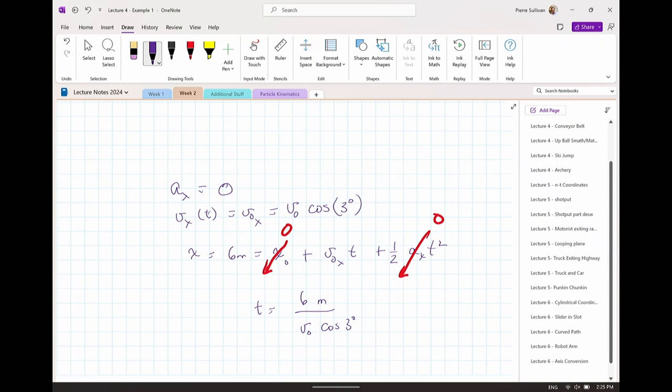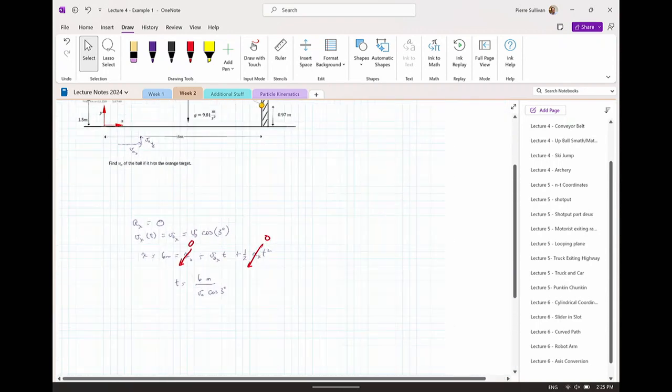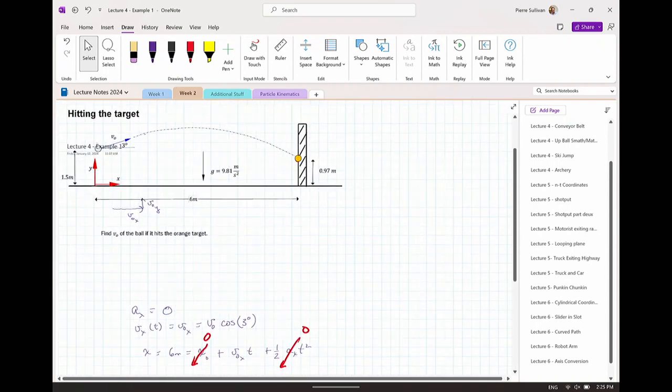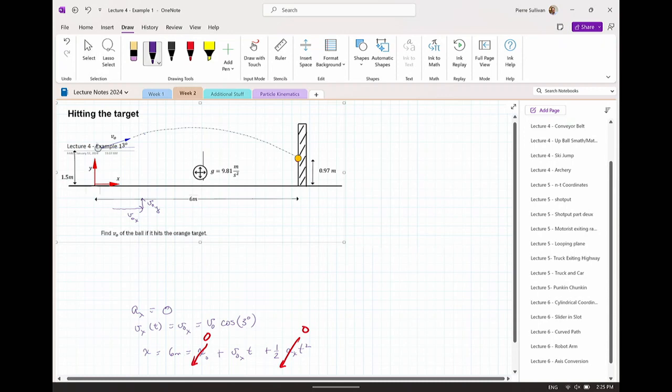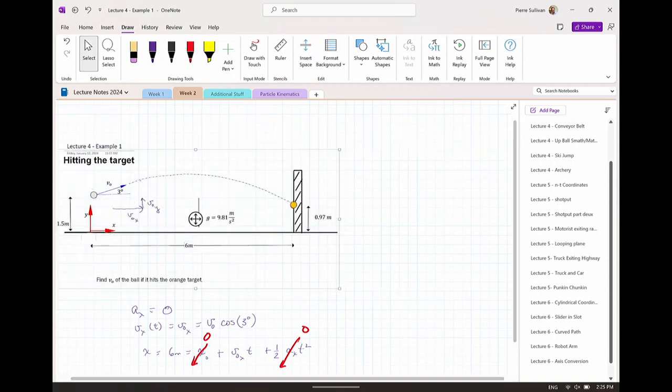So now I have the time it takes for the ball to traverse the 6 meters.